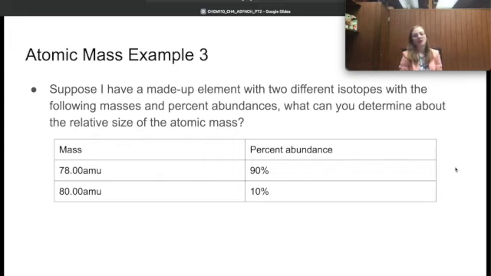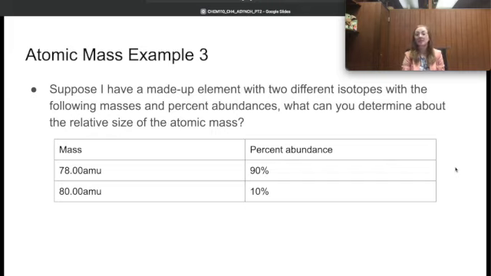Resume. So in this case, we have one isotope with a mass of 78 AMU that has a percent abundance of 90. So most atoms of my made-up element are going to have that mass of 78 AMU. 9 out of 10 is what 90% means.